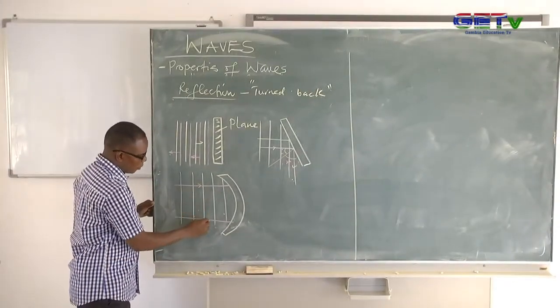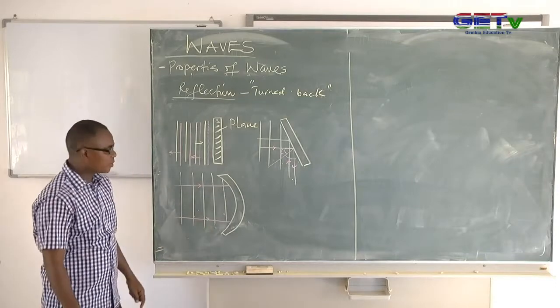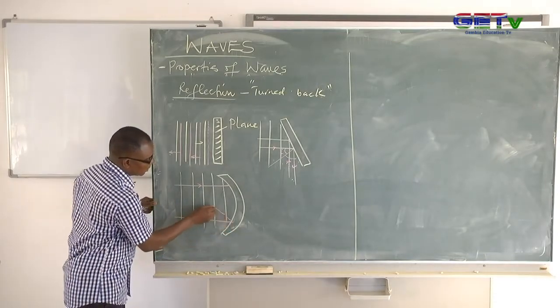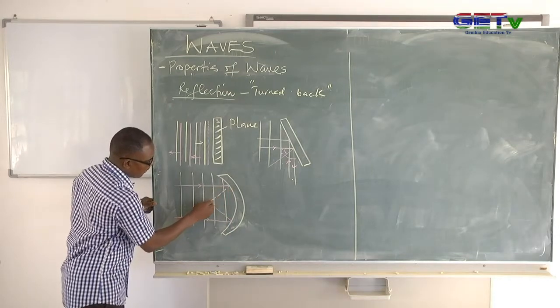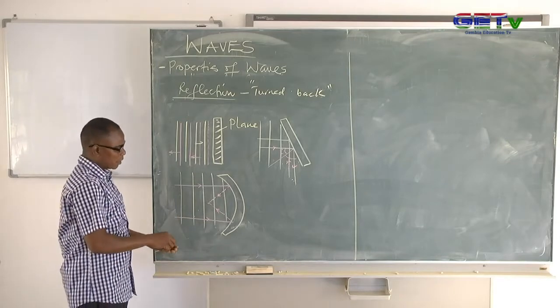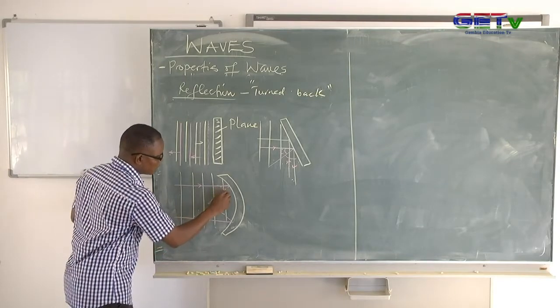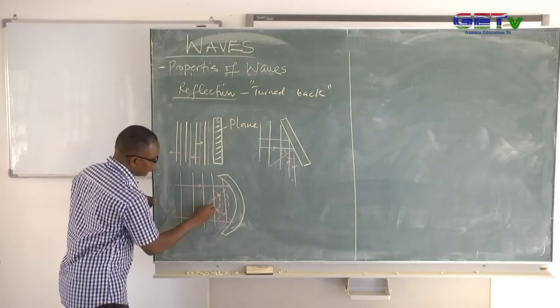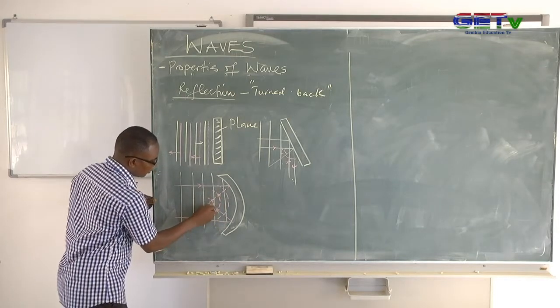We said all rays parallel and close to the principal axis will converge. So there is a tendency that these will converge at this point, from our optics background. It is at that point that the wave returning back will assemble or focus.